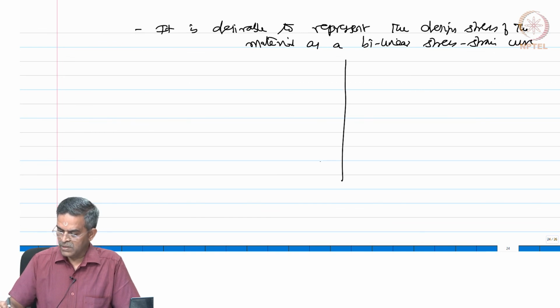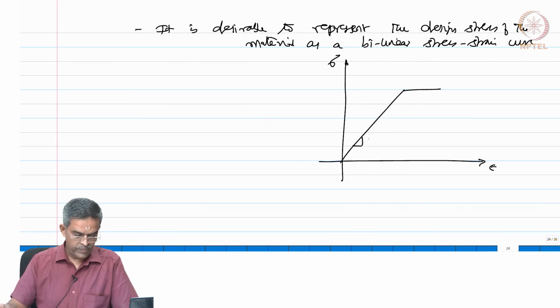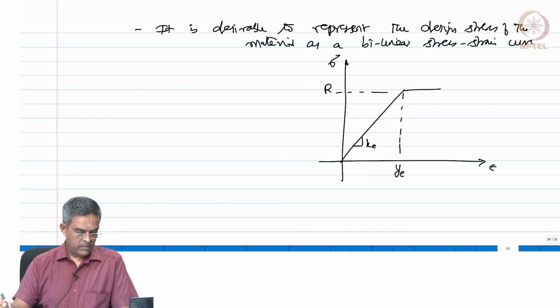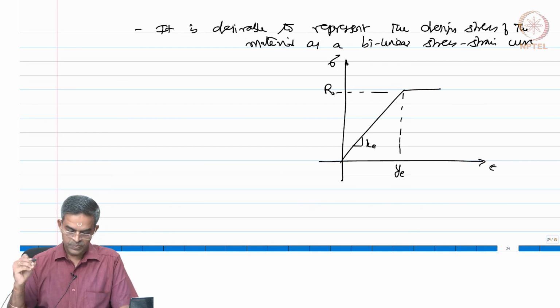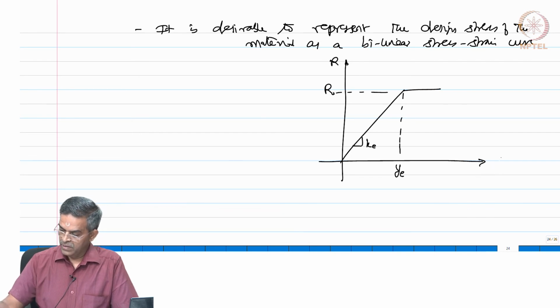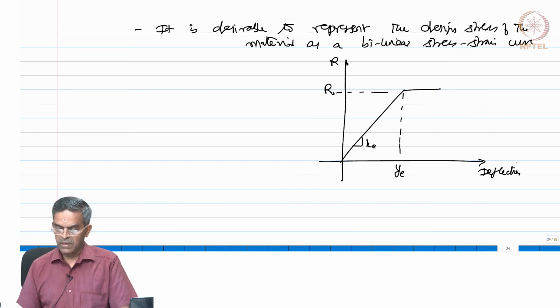So, we will express this as a bilinear stress strain curve, where the initial slope is Ke, and this becomes my strain at yield, and this becomes my Ru. So, this is my resistance, this is my yield, deformation or deflection. So, it is a bilinear resistance deflection curve as you see here.